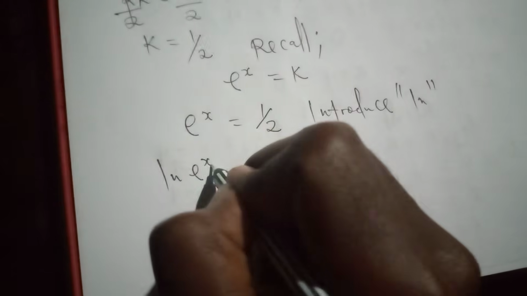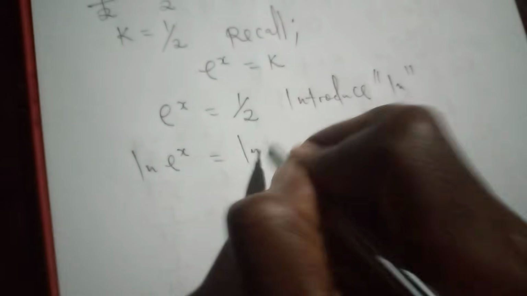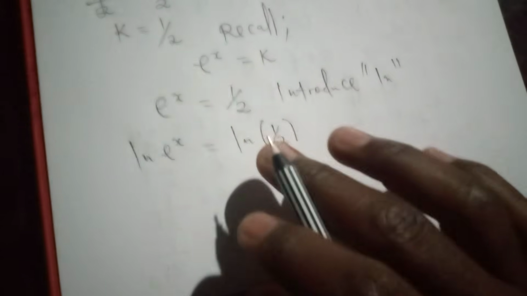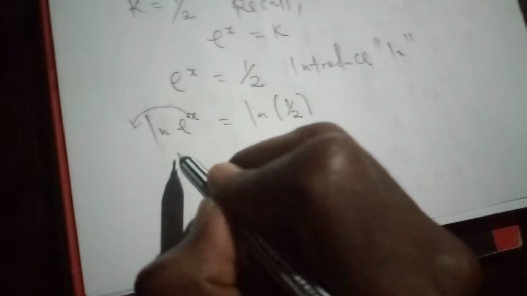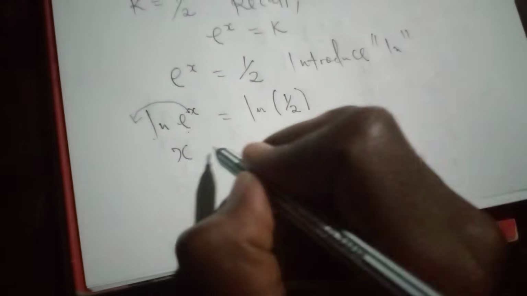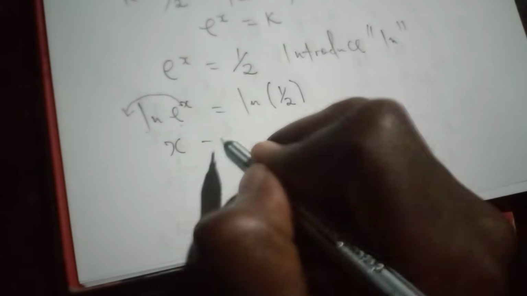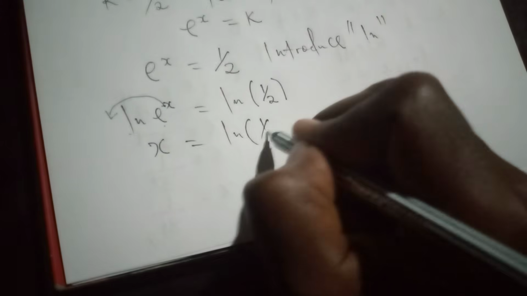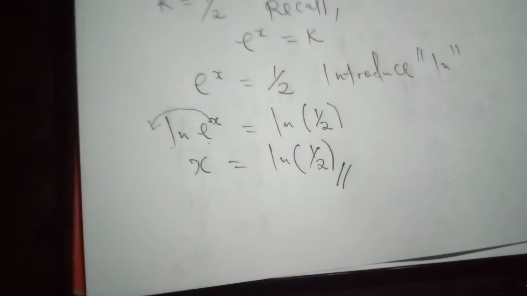So that is ln of e to the power x is equal to ln of 1 over 2. So this x is going to drop to this side, so that is x, and then ln of e is 1, so that is 1 times x, which is x, so ln of 1 over 2. So this is one of our solutions.